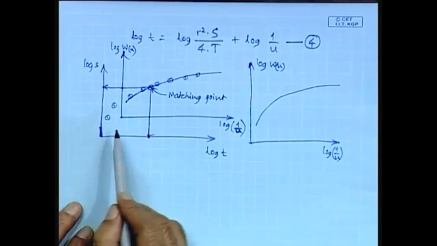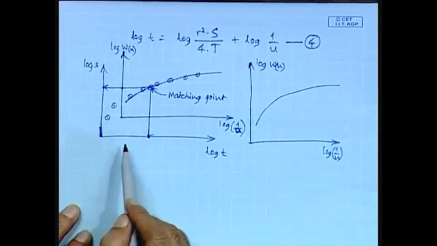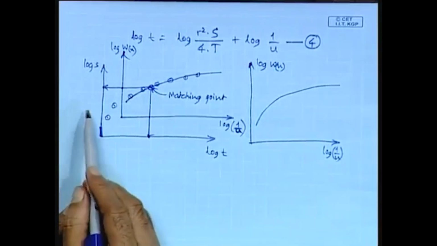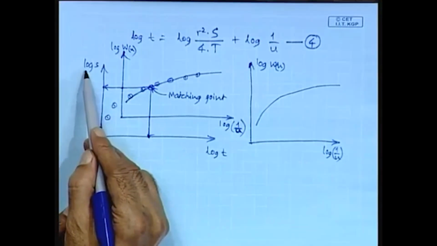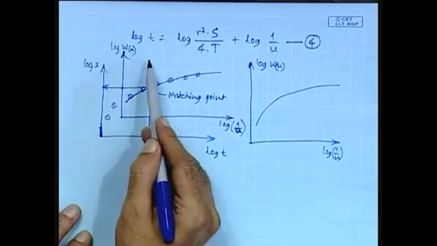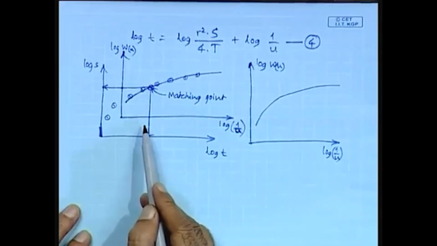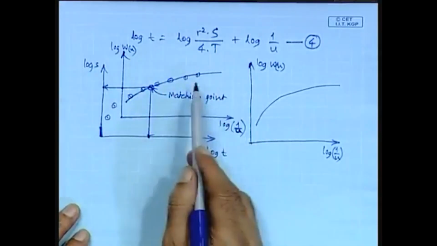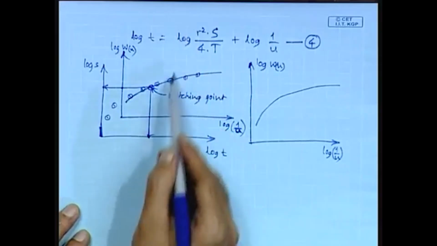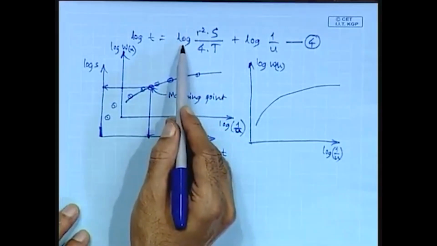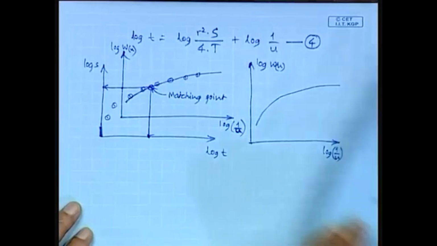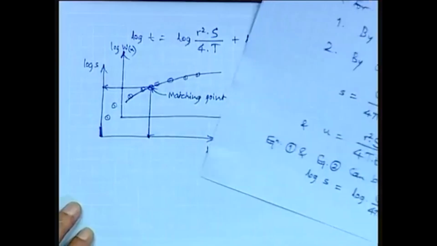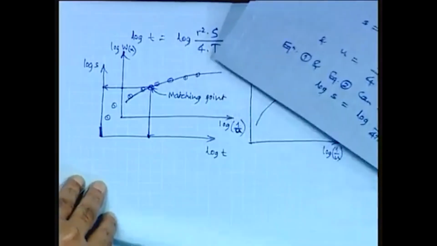So, if you substitute these values, and of course we have the data, that is the log s value and the log t value, we then can find out both log of q by 4 pi t as well as log of r square by 4 t.